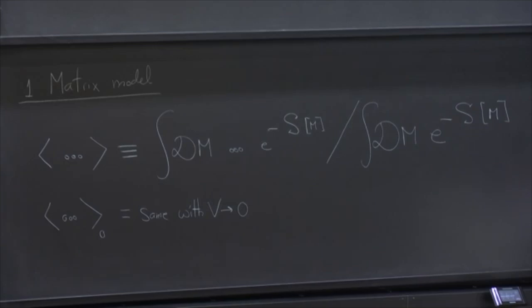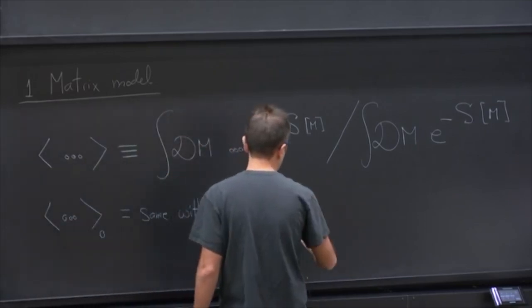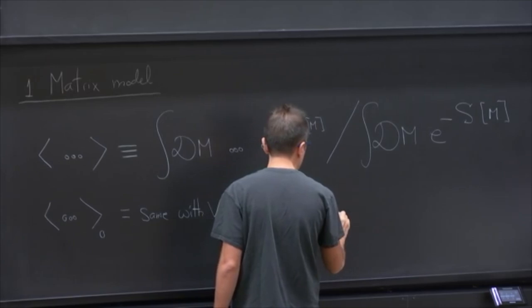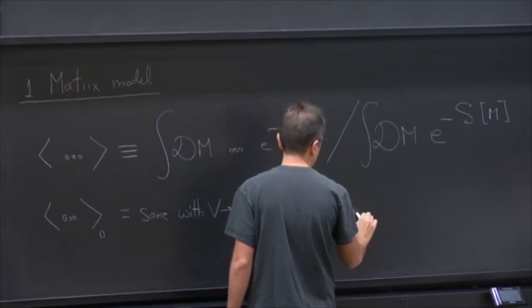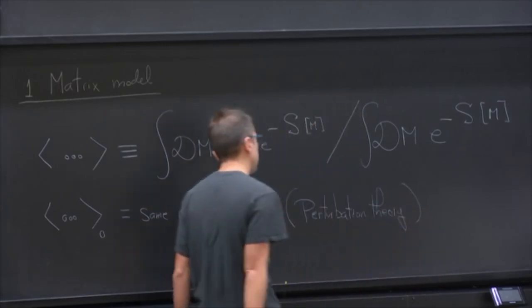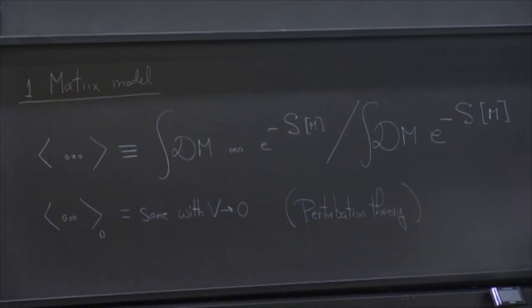In other words, if you want to do perturbation theory, the potential we will treat as a perturbation, bring down, and we'll compute expectation values with this 0. So this is what we do. This is basically what we need if we want to do perturbation theory. Right? The usual thing. We expand around the Gaussian point.